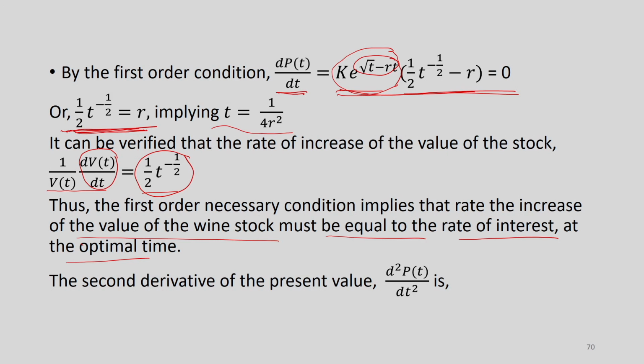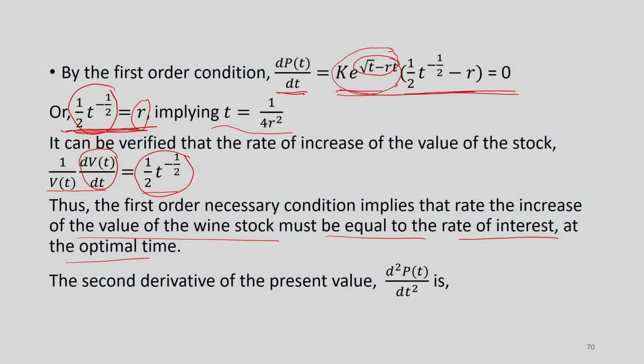On the left hand side, you have the rate of increase of the value of the stock, the rate at which the value of the stock is increasing with time, because as I said, as time goes by, the stock is rising in value because the wine is maturing. So, this is the rate at which the value is increasing. On the other hand, there is this rate of interest, and rate of interest can be thought of as the opportunity cost.